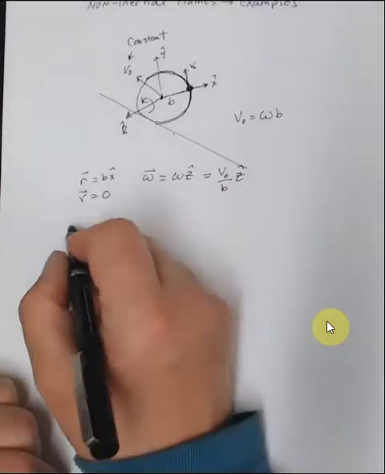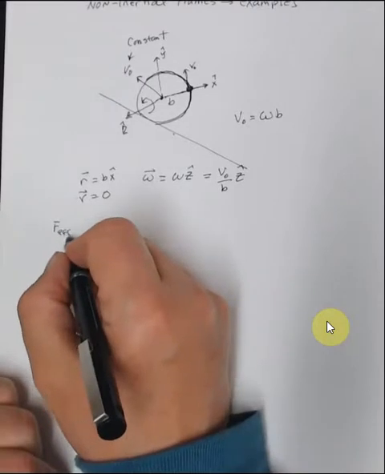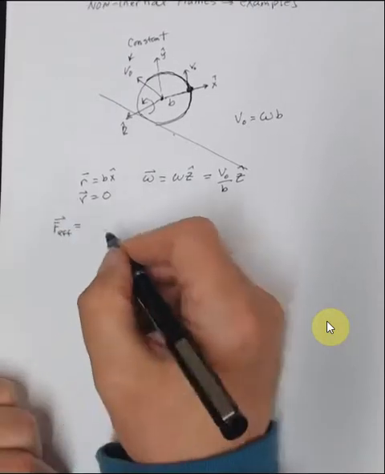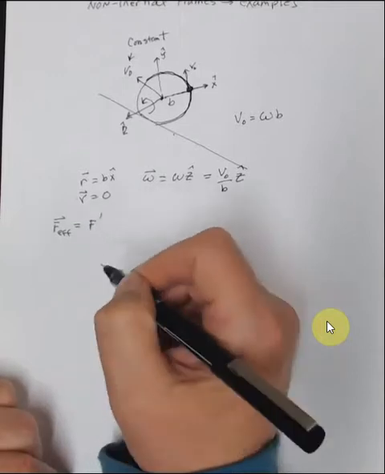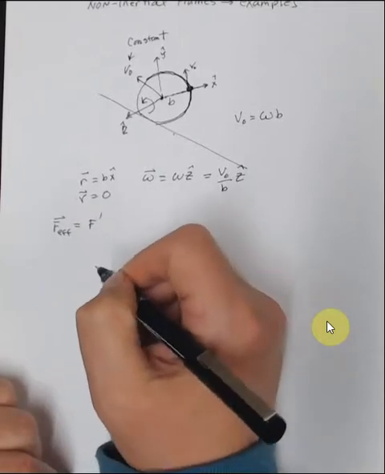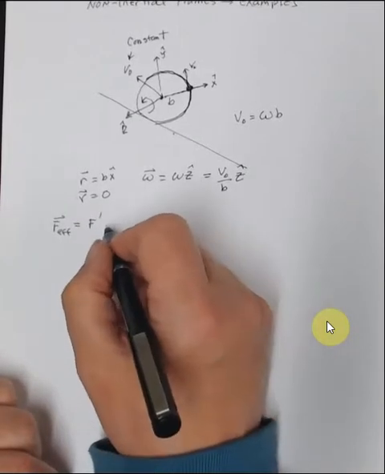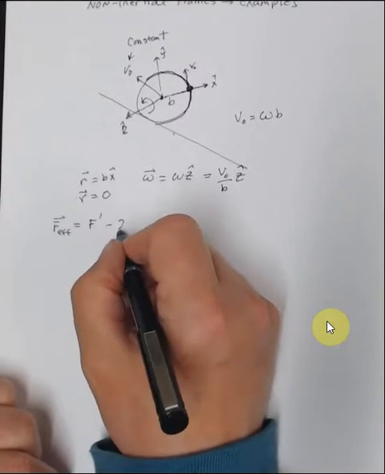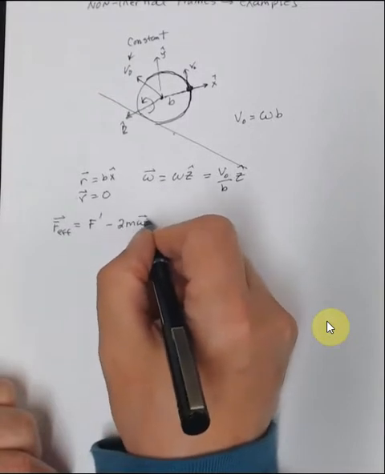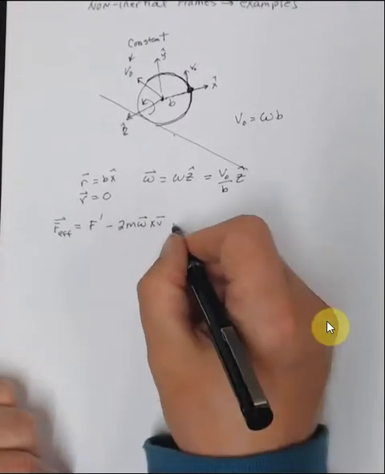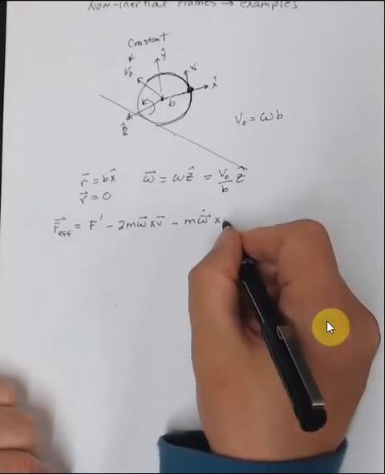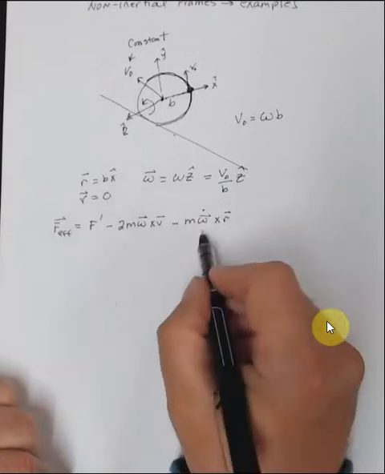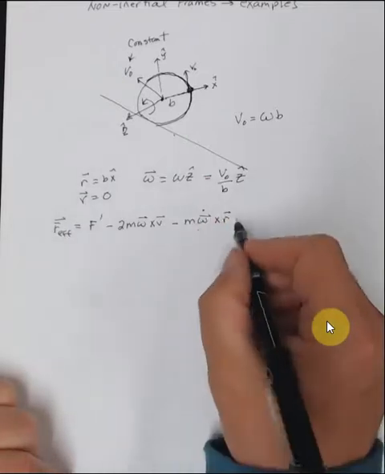Okay, so our effective force on the point on the edge of the wheel is any real forces, since it's stuck to the wheel, and then we have the Coriolis force. We have this force, which is sometimes just called the transverse force.